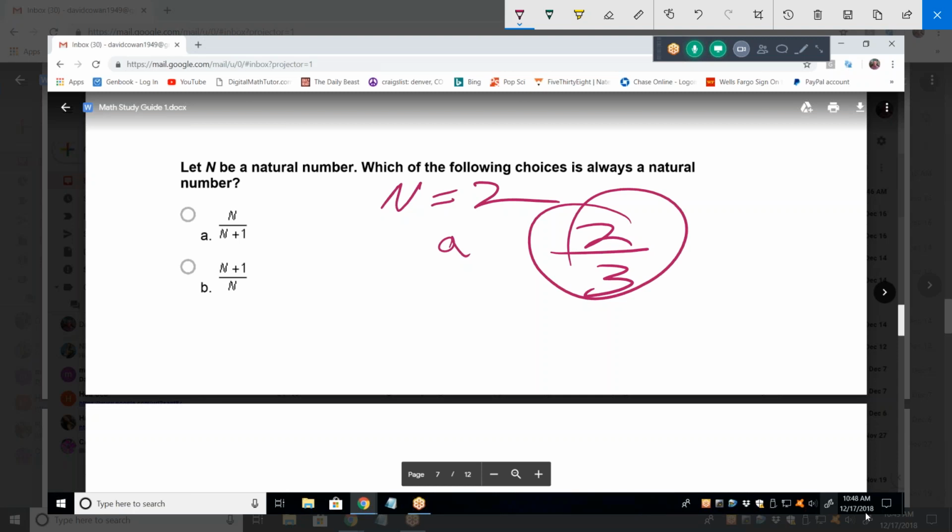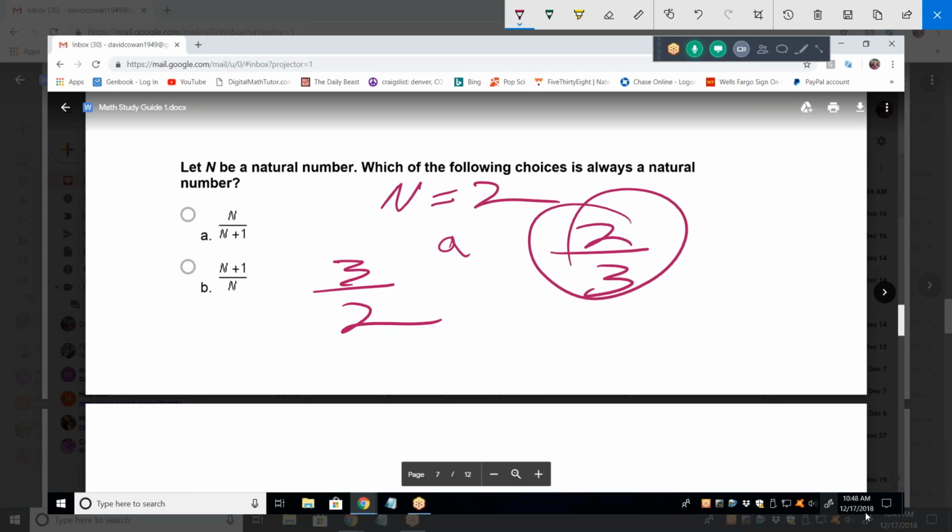The natural number they're calling might be a rational number, which would be able to be written as a fraction. The problem here is that if n equals 2, then b is 3/2. That's also not an integer, but it's also a rational number. So if natural number meant rational number, both of these would be correct.